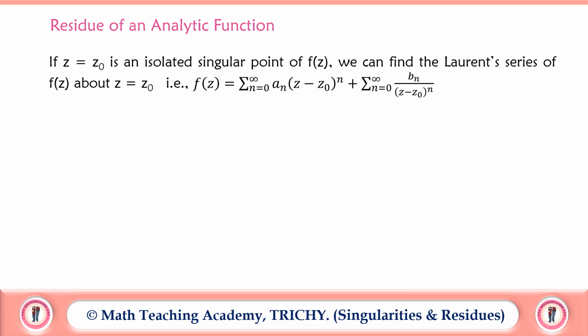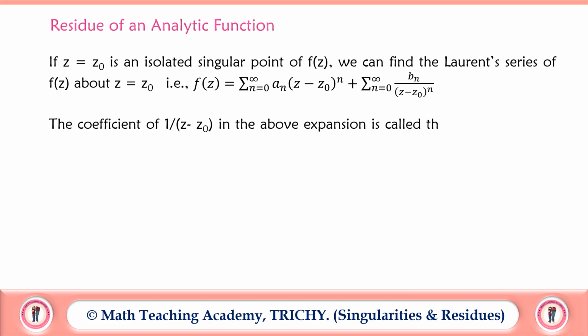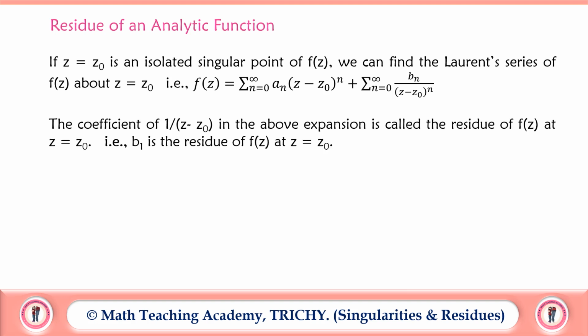In this Laurent series expansion, the coefficient of 1 by (z minus z naught) is called the residue of f of z at z is equal to z naught. Therefore, here b1 is the residue of f of z at z is equal to z naught.